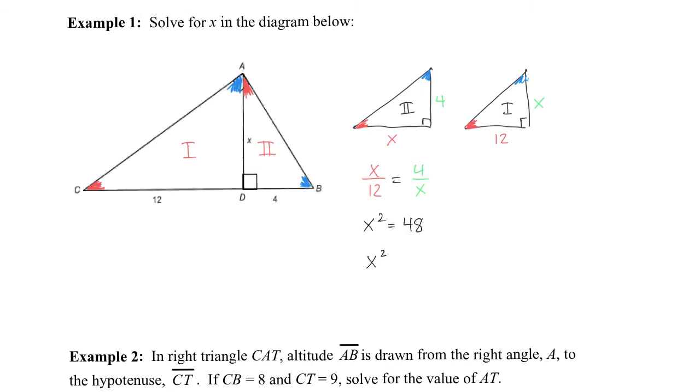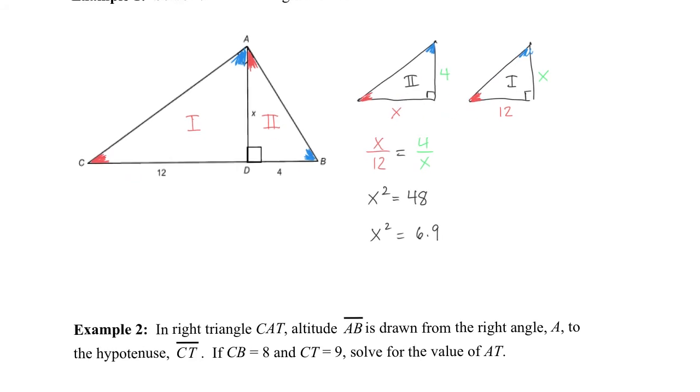And then I'm going to round this to the nearest tenth, and that becomes 6.9. Now, the ones that I gave you in the practice come out to be nice numbers. I forgot to alter this one for the notes. So the most important thing then is that you make sure to redraw your triangles. This is critical. If you don't do this piece, this is going to be a lot more difficult for you.